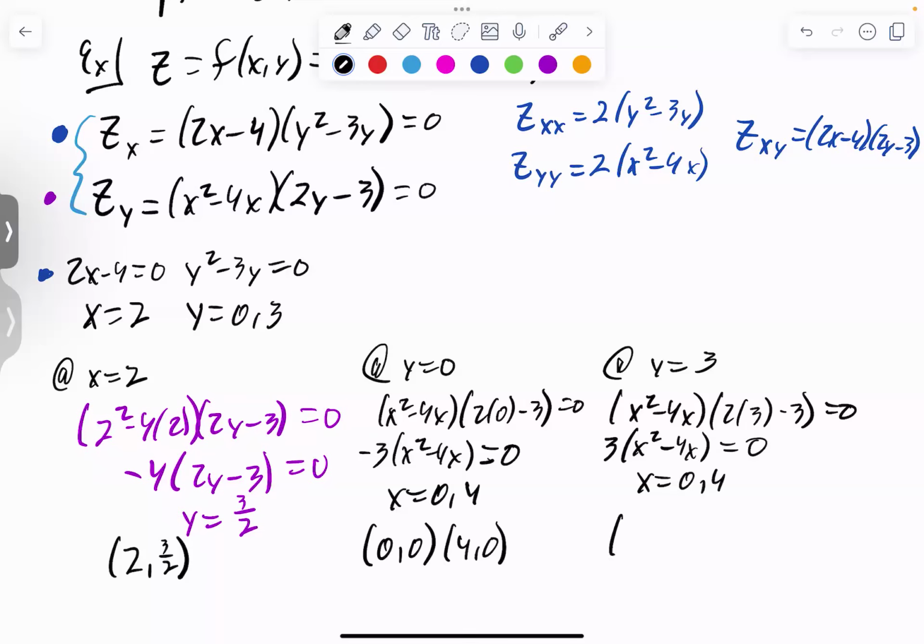So that gives us some more points. It gives us (0, 3) and (4, 3). So that's a total of 5 possibilities there.